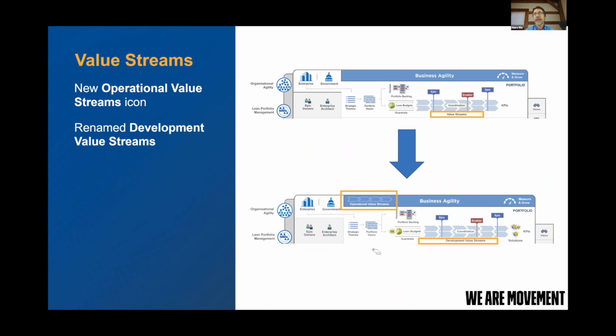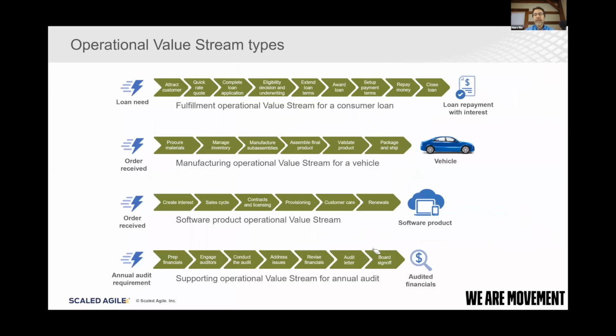And as an architect, especially an enterprise architect, if there are any enterprise architects or maybe solution architects out there in the audience, you may be interested in looking at these articles. So we define 4 operational value stream types. And so if you're doing work as an enterprise architect, for example, it might be helpful to know how the technical strategy is connecting to the business strategy through these operational value streams.